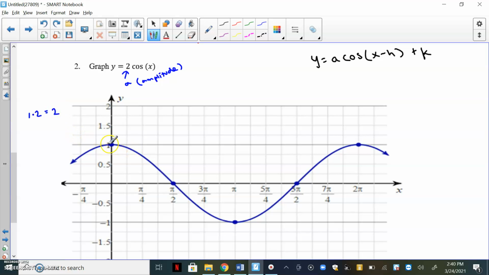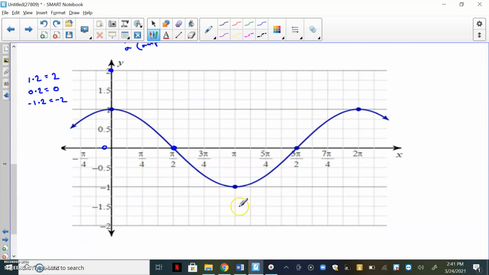So I get 2, and that means this is going to move up to 2. My next one, this is actually at 0, right? So 0 times 2 is still 0. So this point actually doesn't move. Okay, this next one, it's all the way down at -1. So -1 times 2 equals -2. So we're going to take this guy and move it all the way down to -2.